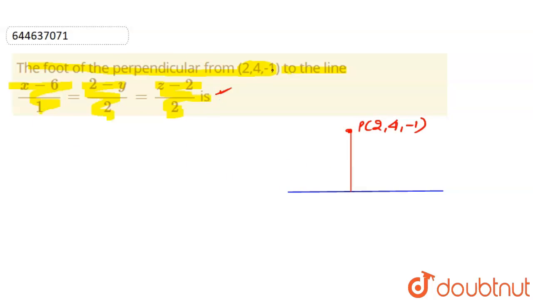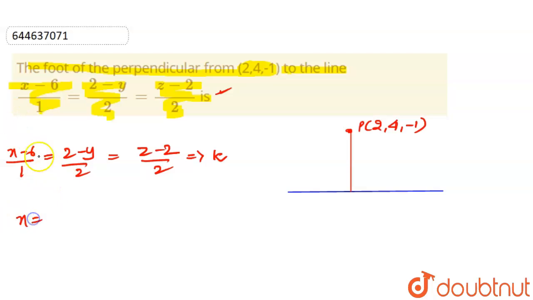So now to find the point where the perpendicular falls on the line, we can find some general point on the line. The general point on this line will be found by setting the line's equation equal to some constant k.